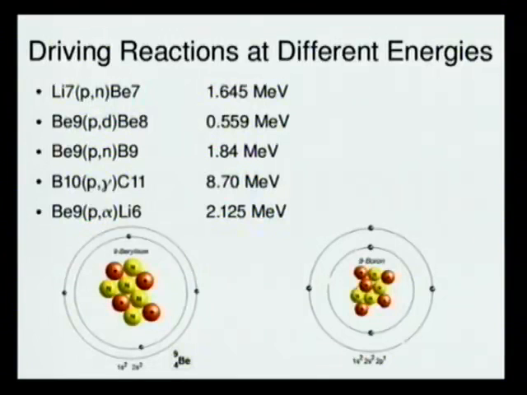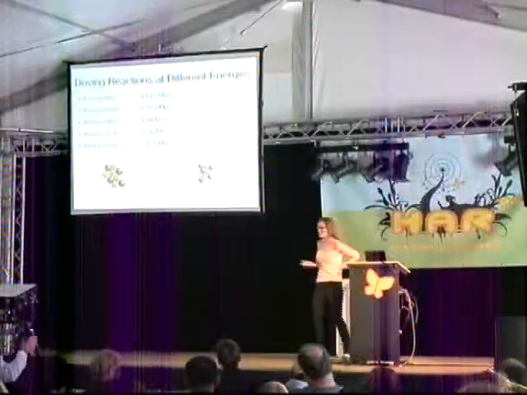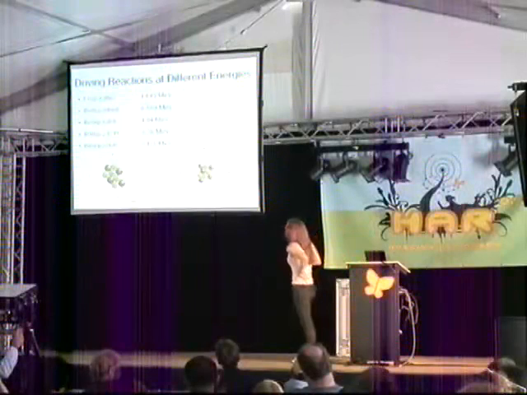Just a brief thing showing the different reactions you can drive at different energies. So, reactions you could drive at the energies you have. Oh, let me talk about this notation quickly. So this is nuclear reaction notation.